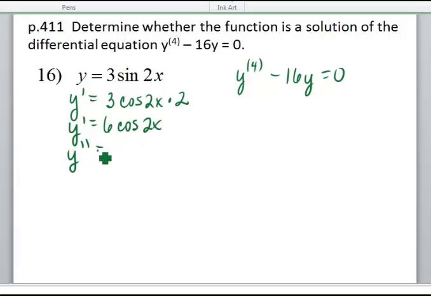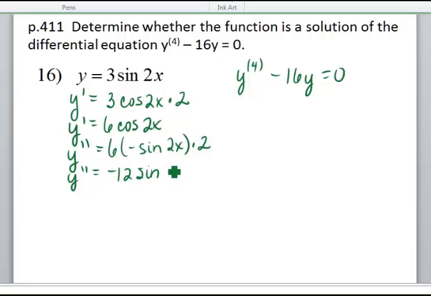My second derivative would be the derivative of cosine, which is negative sine 2x times 2, which would be a negative 12 sine of 2x. My third derivative would be negative 12 cosine of 2x times 2.